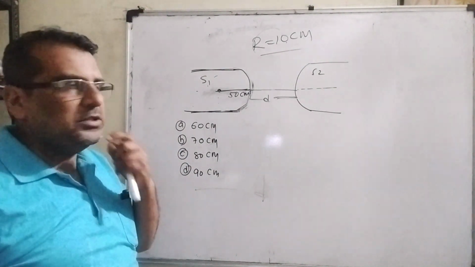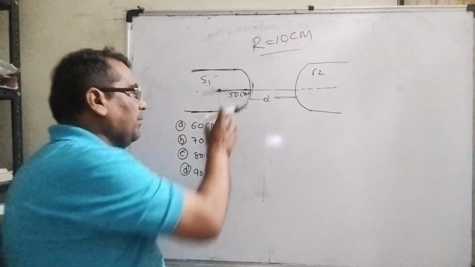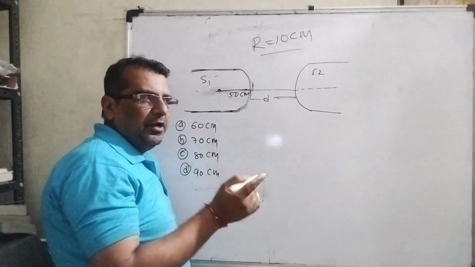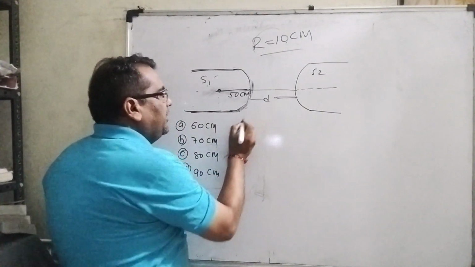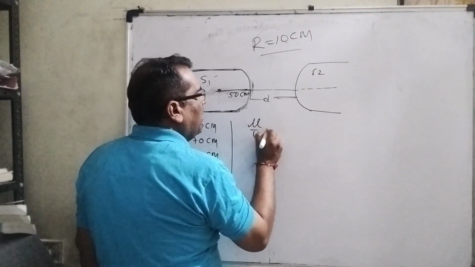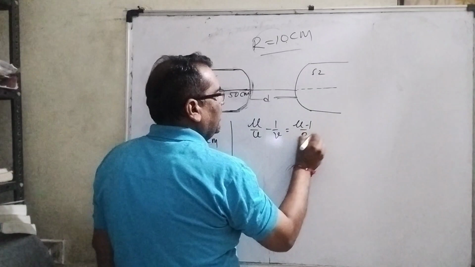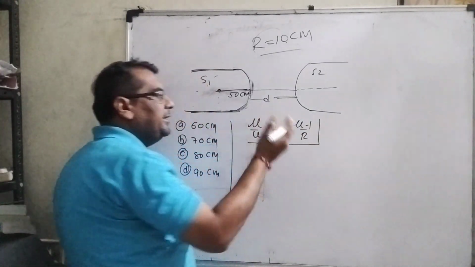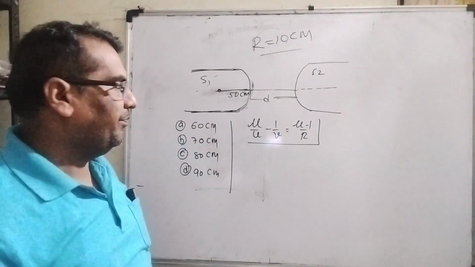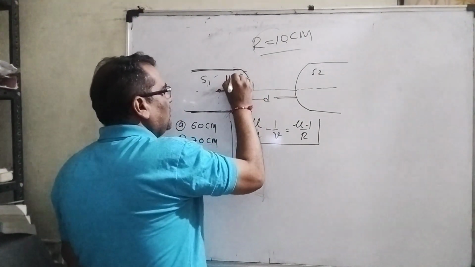Which formula can you use? Refraction through spherical surfaces. For denser medium to rarer medium, remember, denser medium to rarer medium, you can use the formula mu/v minus 1/u equals (mu minus 1)/R. This formula is used for denser medium to rarer medium. What is mu? Mu is given as 1.5.